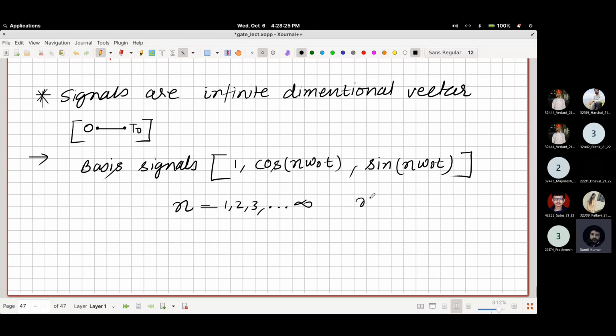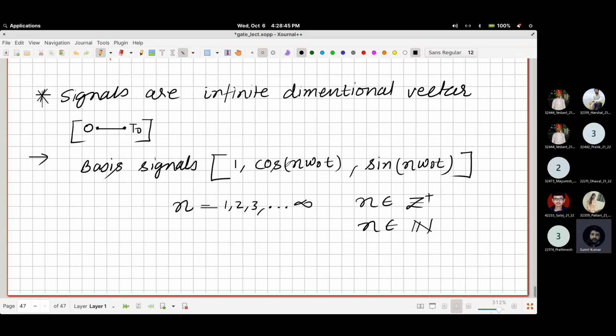So n is an element of the positive integers, which we call Z plus. Integers are written as Z, and these are positive integers. Or you can say n is an element of the natural numbers as well, 1 to infinity. Is that clear?